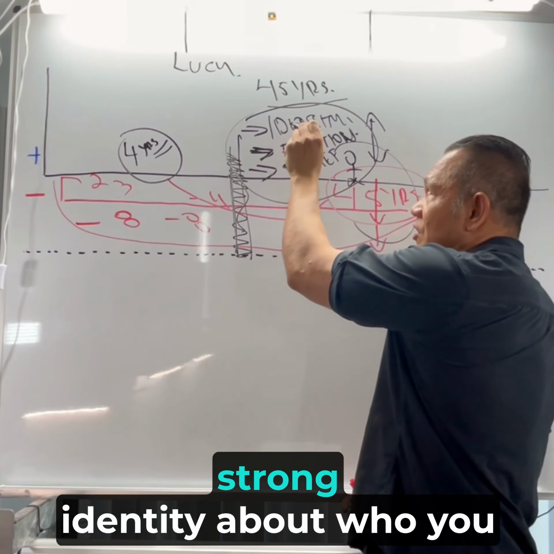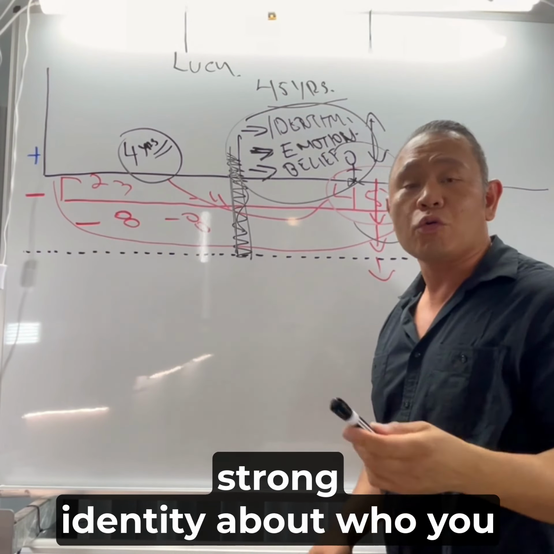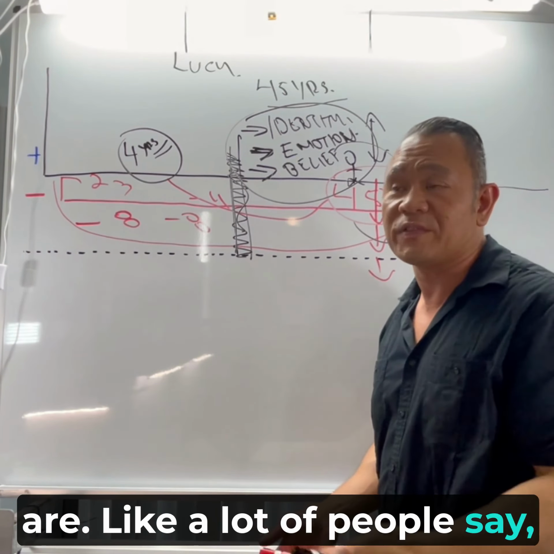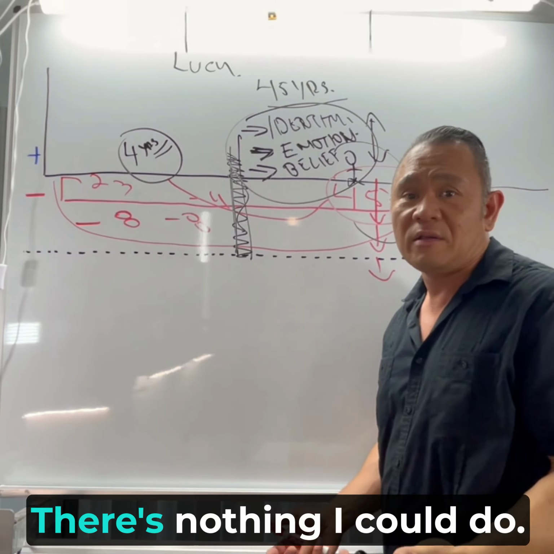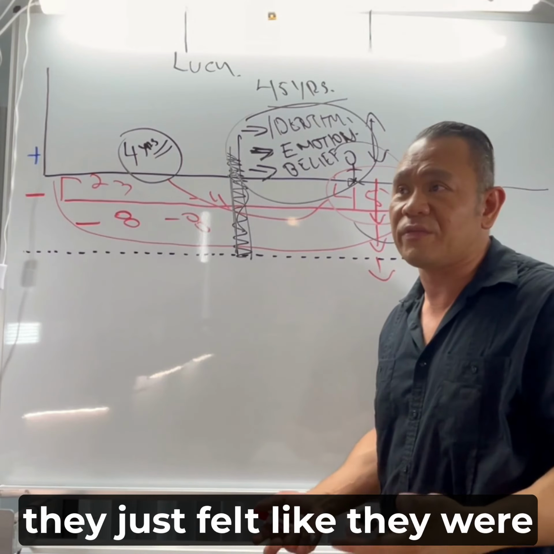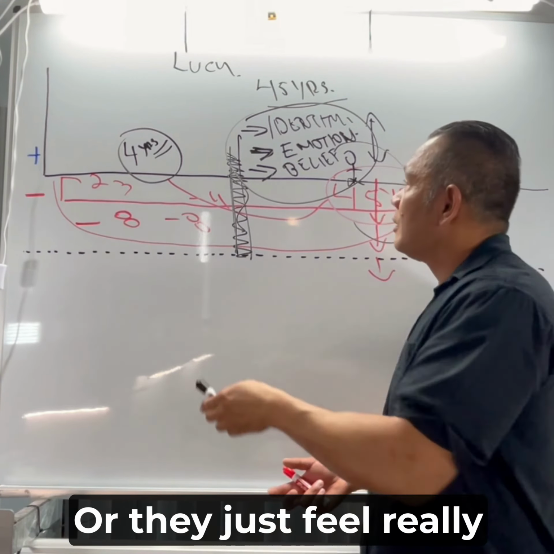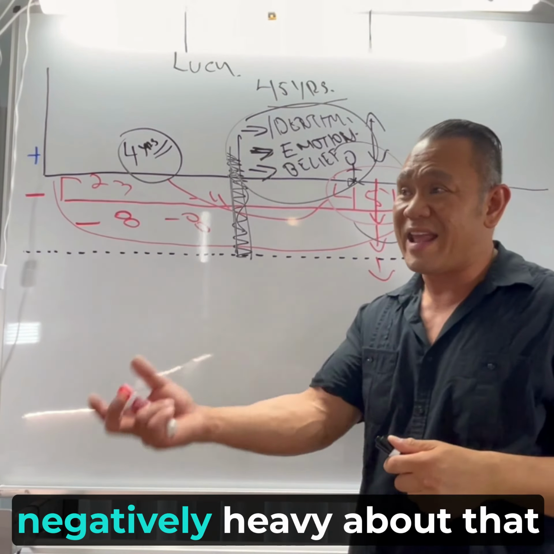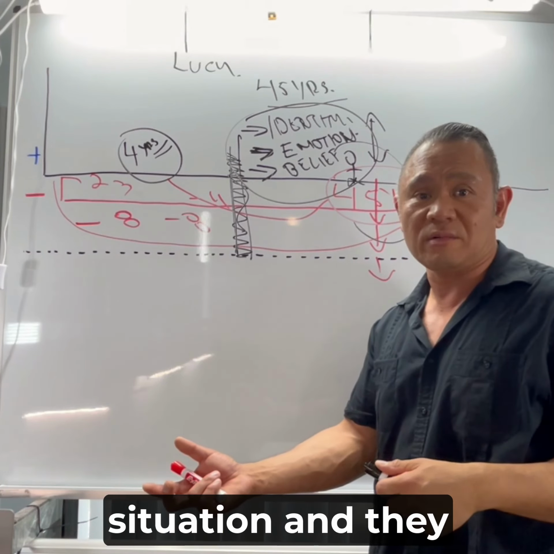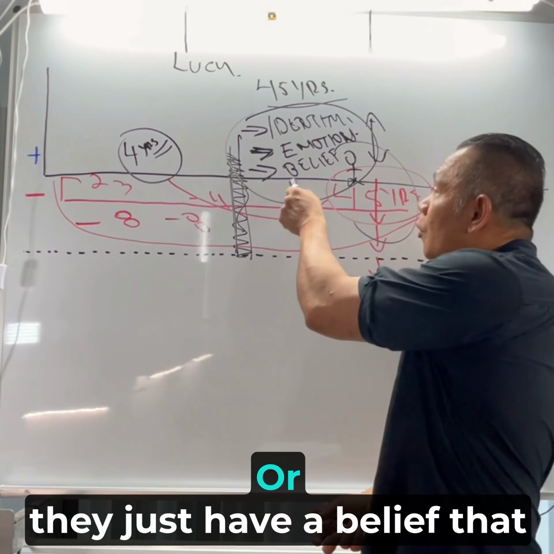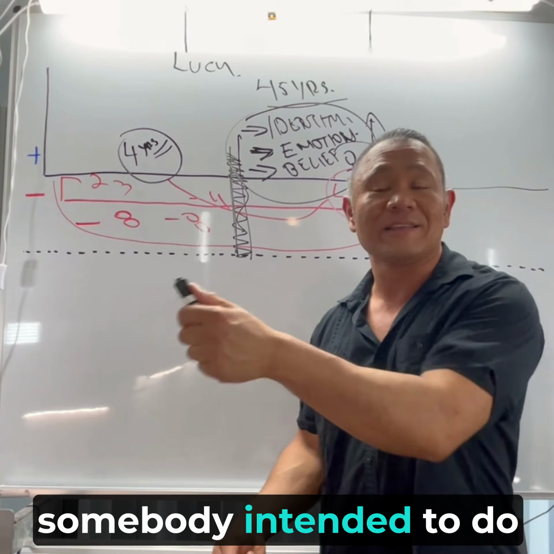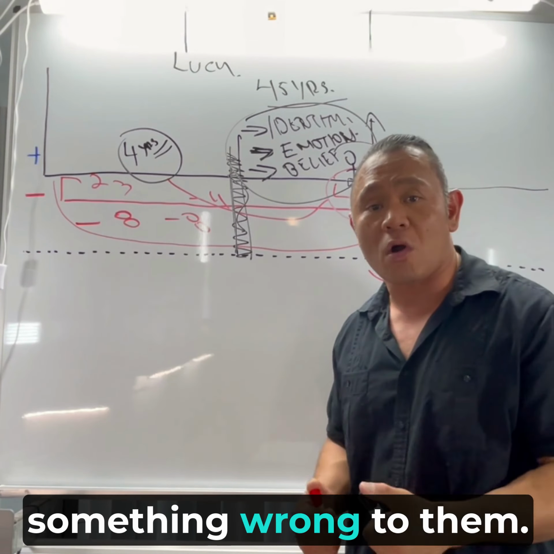You probably either have a strong identity about who you are, like a lot of people say, well, I'm a victim. There's nothing I could do. You know, they just felt like they were just completely out of control. There's no control for them. Or they just feel really negatively heavy about that situation and they can't shake it. Or they just have a belief that somebody intended to do something wrong to them.